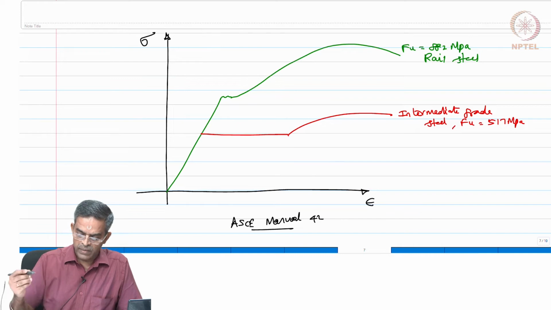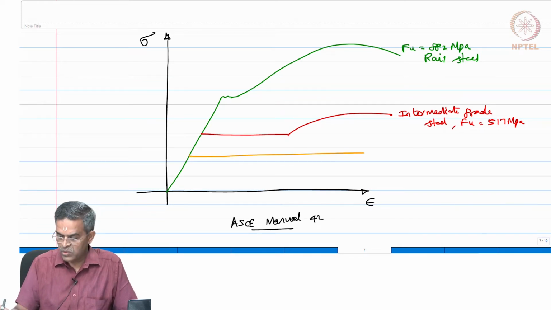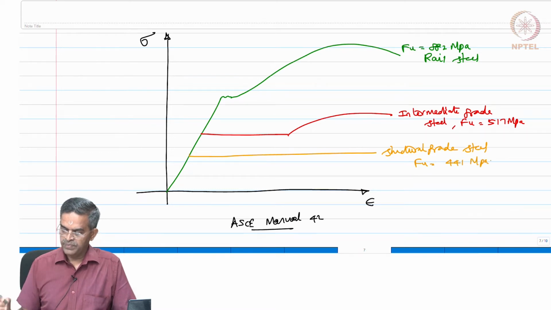Yeah, one more steel which is much below this, which shows a plateau, which is structural grade steel whose FU is 441 megapascal.